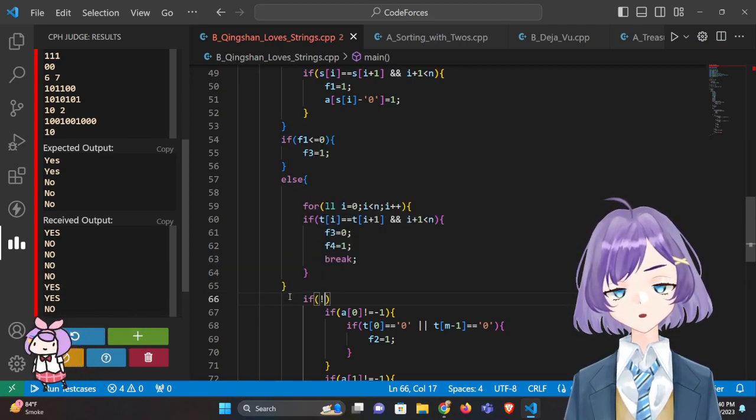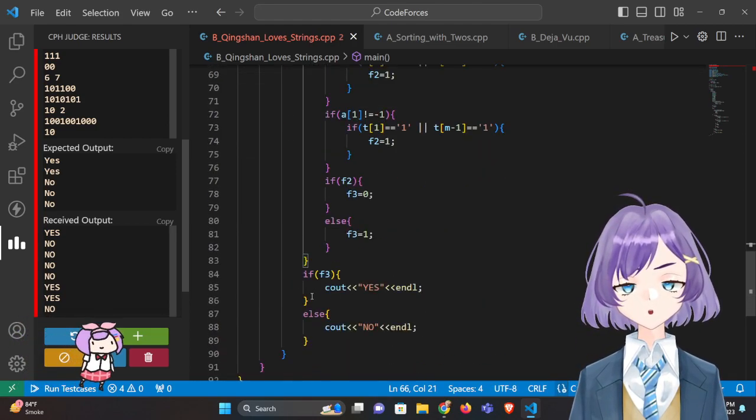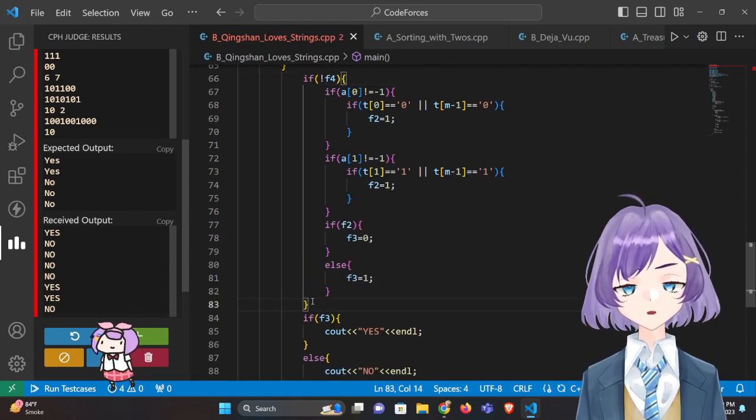If not F4, only then do this entire thing.